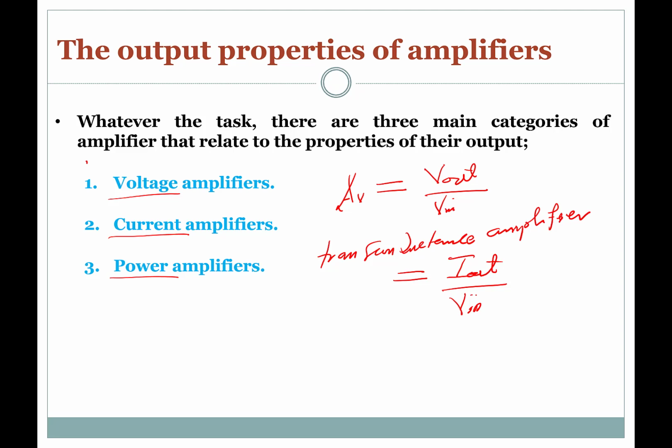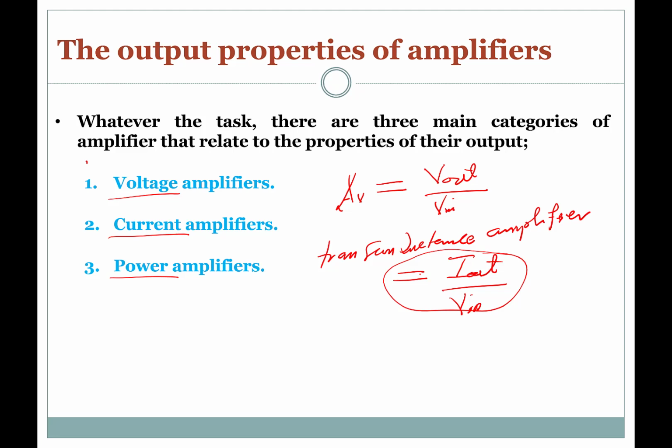So you would realize that in some cases the gain of an amplifier cannot be said to be unitless, but the basic principle of gain is that gain is unitless. But in this case, for a transconductance amplifier, we would say that it is not unitless. The gain has a unit of what? Conductance, output current per unit voltage.